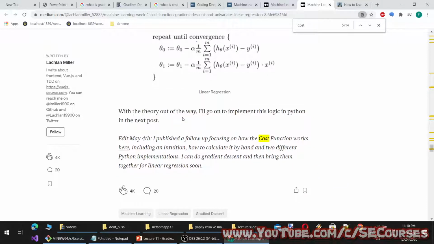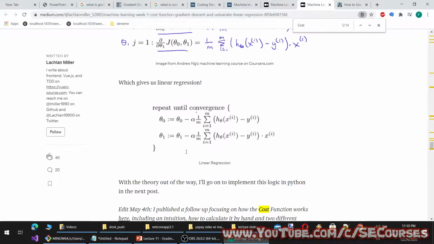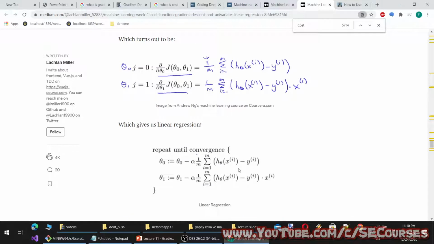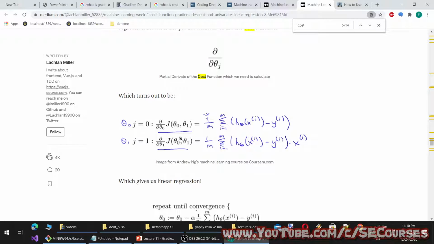With the theory out of the way, I'll go on to implement this logic in Python in the next post. Okay, so we have theta 0 and theta 1, and theta 1 is equal to theta 1 minus this one. Let's look at this.